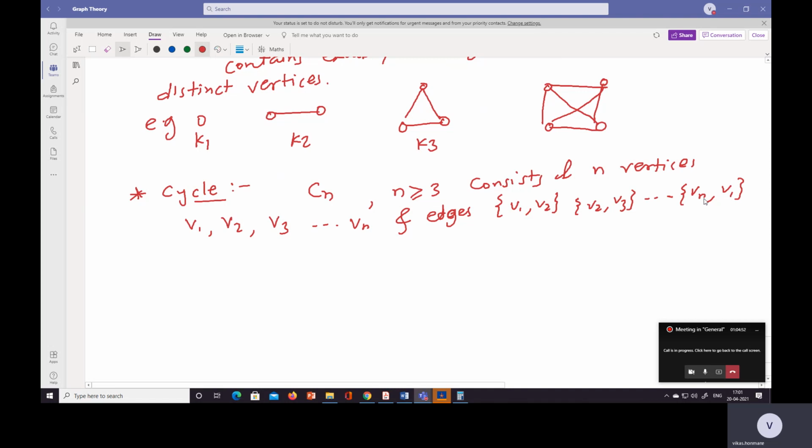That means the last vertex is again connected to the first one.